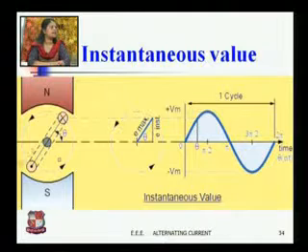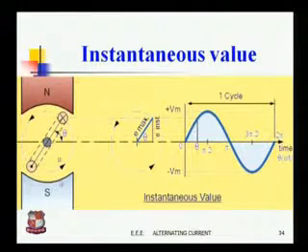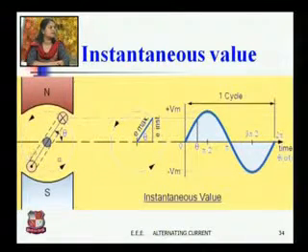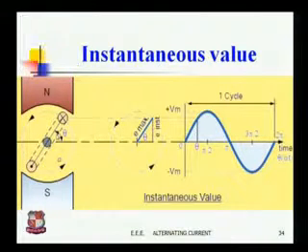This indicates the coil which is placed between these two electromagnets, and we are changing the position of the coil. Accordingly, the value of the alternating quantity will change. Suppose for this particular position your angle is equal to theta, and at angle theta you get some value V1. Then this V1 is known as the instantaneous value of the voltage at the particular instant.